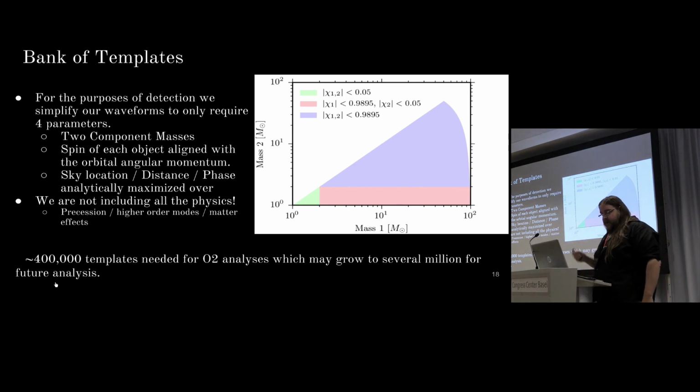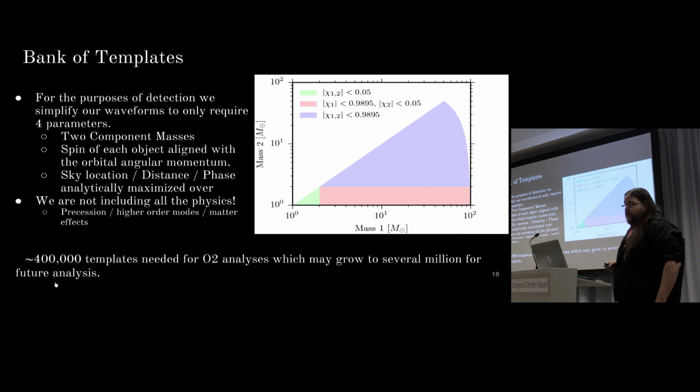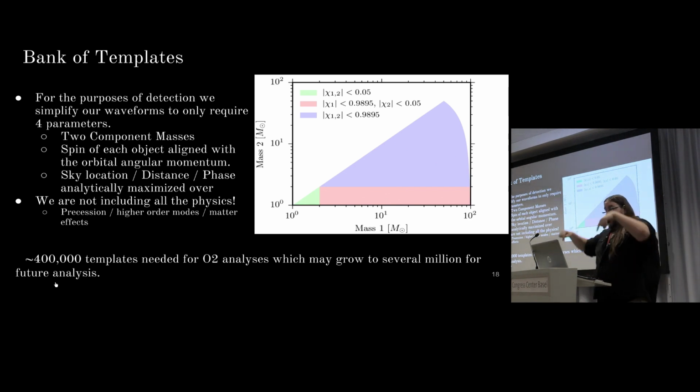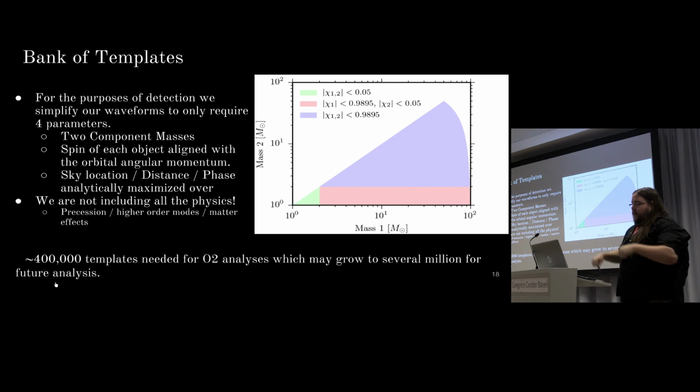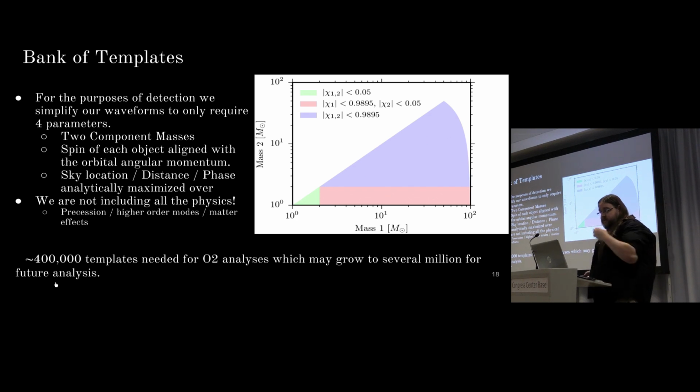We focus on the component masses of the binary, okay, and then also the spin. So each object, of course, can rotate along its own axis, and we include that effect as well. We don't include, notably, the effect of any spin off axis. So it has to be aligned with the angular momentum. If it's off axis, you might be familiar that you might get some precession effects as it orbits around. We normally don't include that.